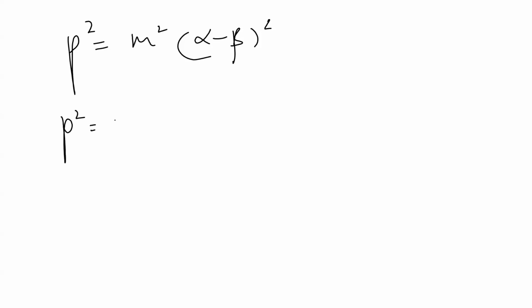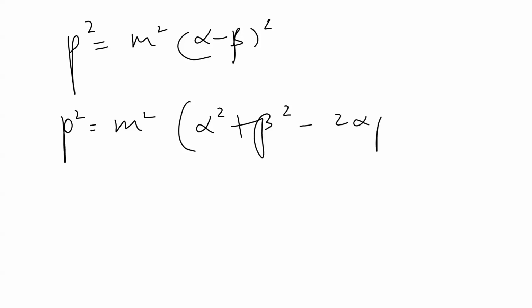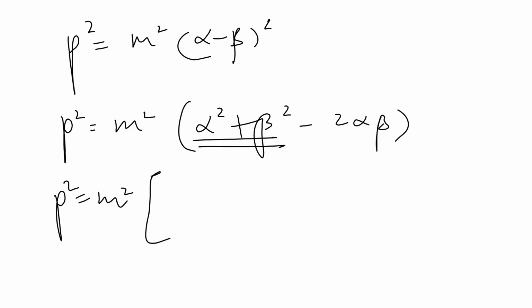So there are so many squares over there. So squaring both the sides, p square is equal to m square into alpha minus beta the whole square. So p square is equal to m square into alpha square plus beta square minus 2 alpha beta. Okay, so this we already know. Now in the previous session also, alpha square plus beta square is alpha plus beta the whole square minus 2 alpha beta.